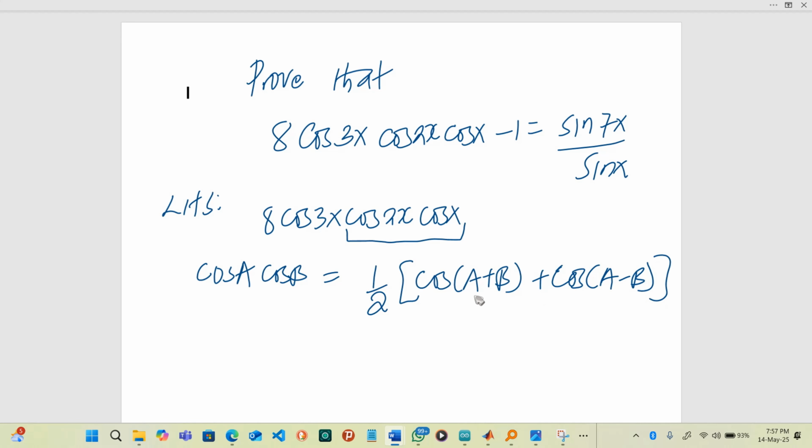We close. So here we can say that A is equal to 2x and B is equal to x.